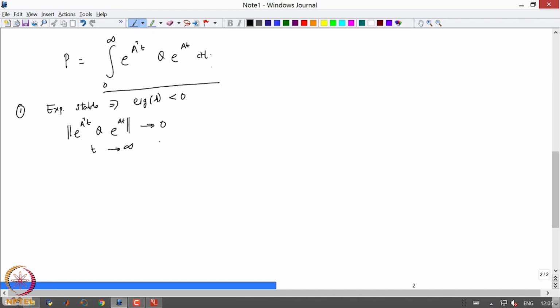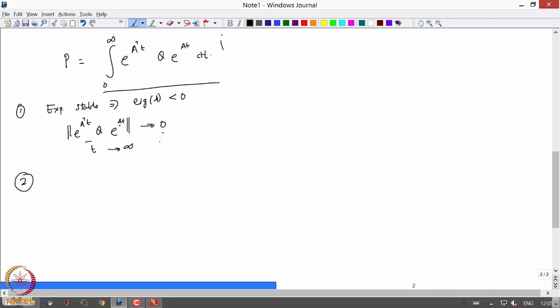I am making use of the property that A is an exponentially stable matrix. Conversely, if A is unstable, then this would not go to 0; this quantity would possibly blow up and go to infinity as t goes to infinity, and in that case this integral is not well defined. So, step number 1 is done.